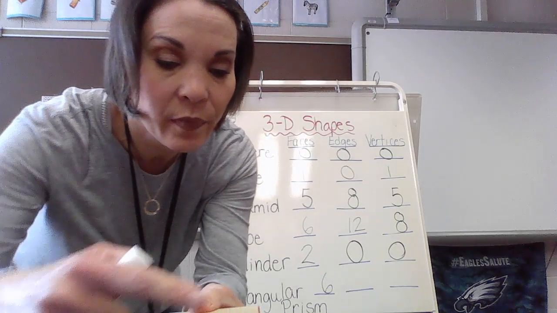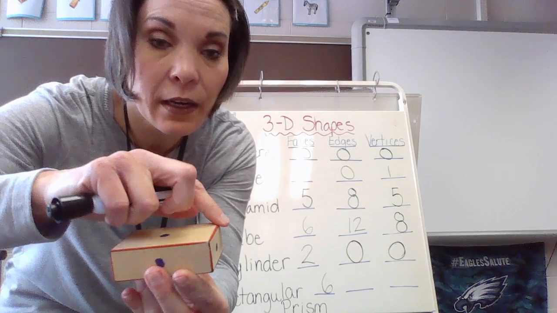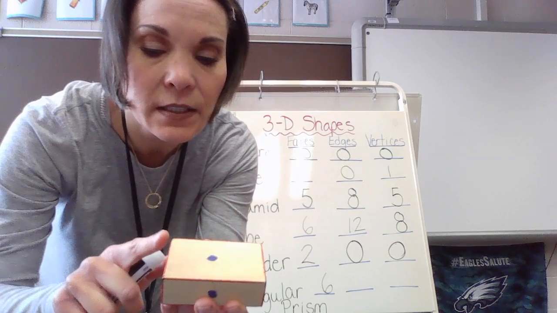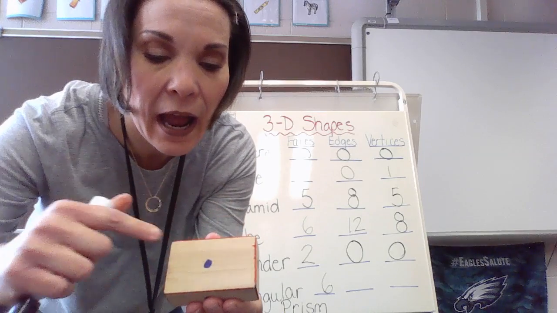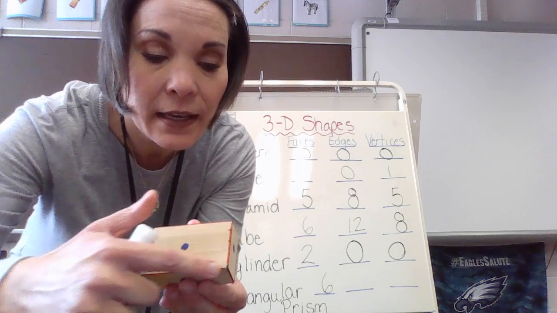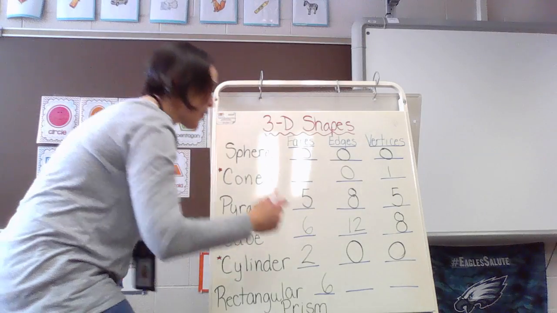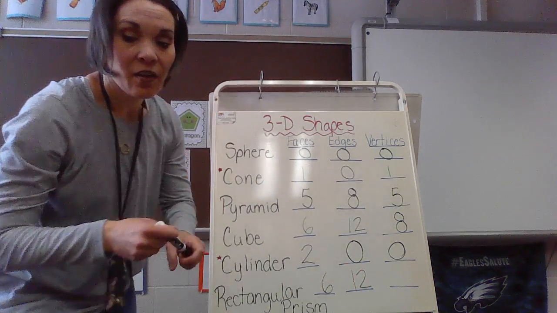Here we go. 1, 2, 3, 4, 5, 6, 7, 8. I'm going to flip. 9, 10, 11, 12. There we go. 12 edges. And vertices.